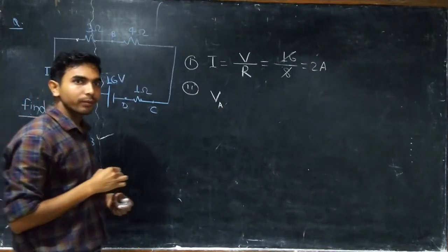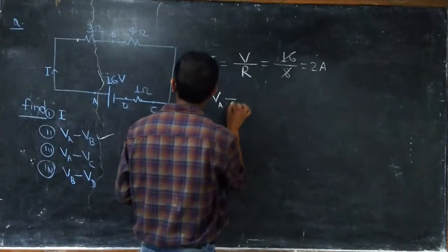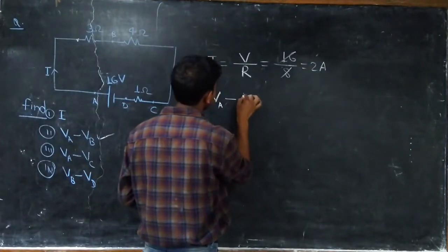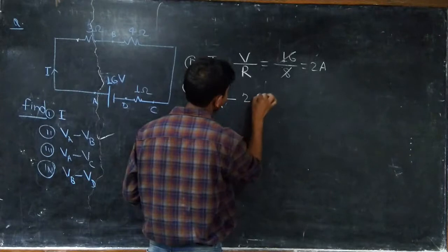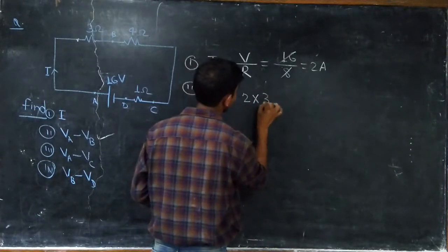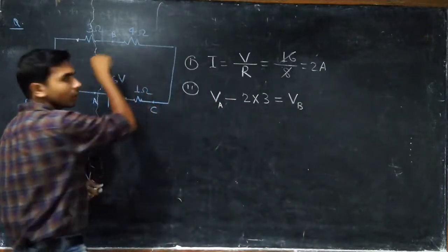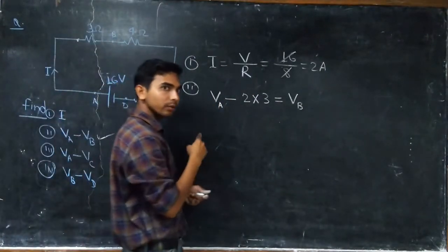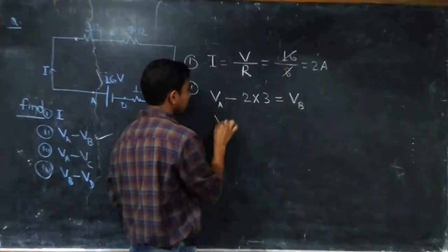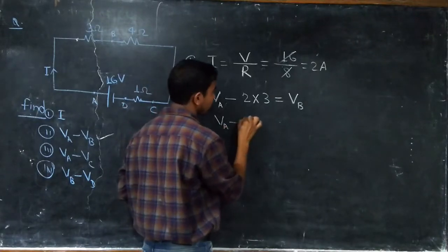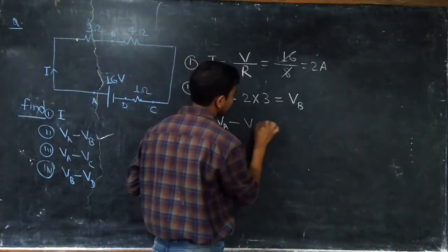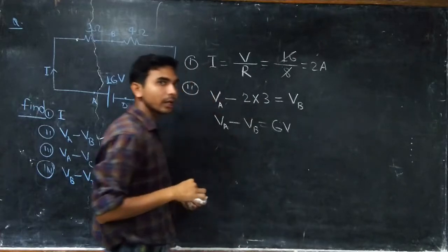We have to take negative sign. Minus, I is how much? 2, and R is how much? 3. Now you reached the point D, right? Further we can write VA minus VB is equal to 6 volt, right?